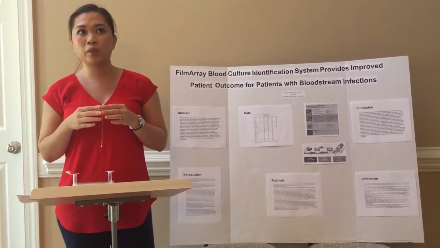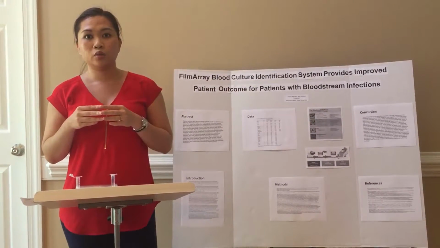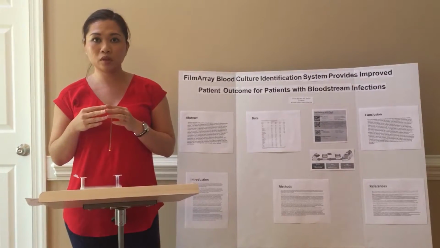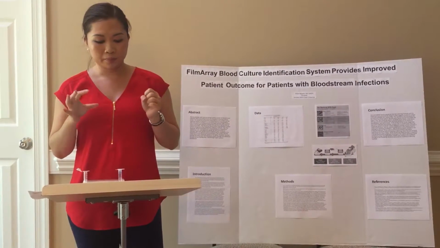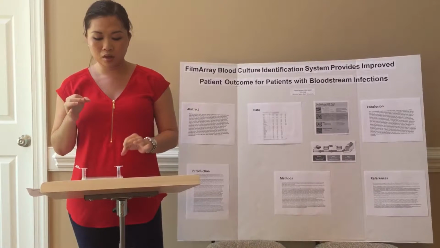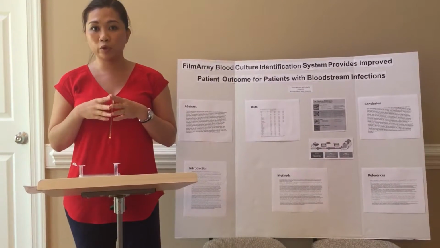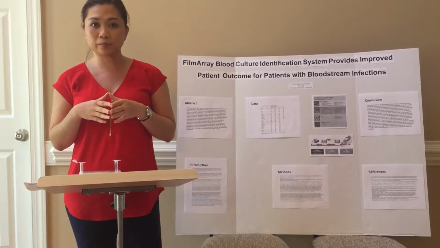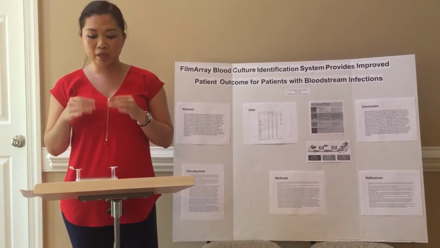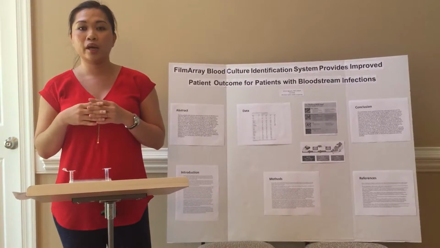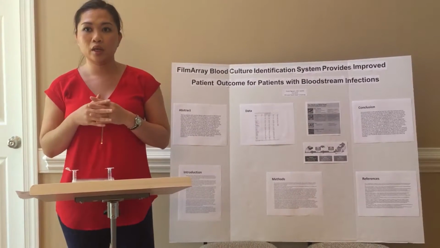There will also be a control run alongside your patient sample. If the control says invalid, unfortunately you have to repeat the test. So just be careful with the technique, but it should be easy to use and give you a fast result.